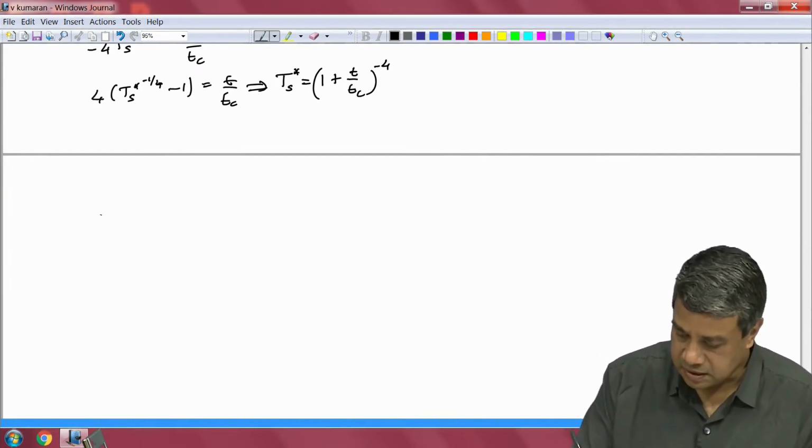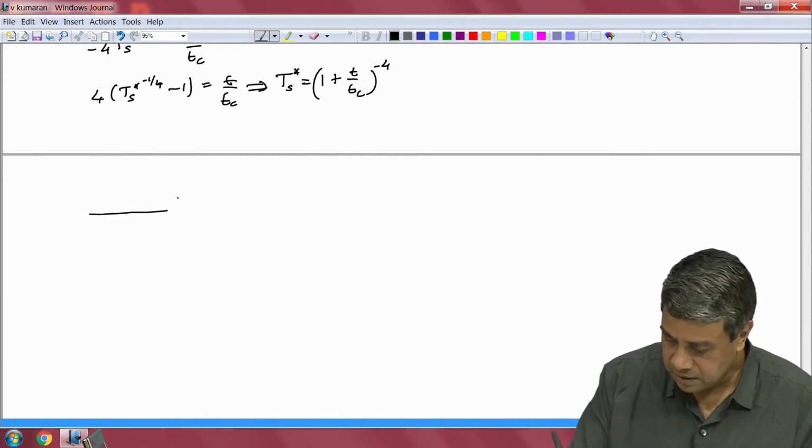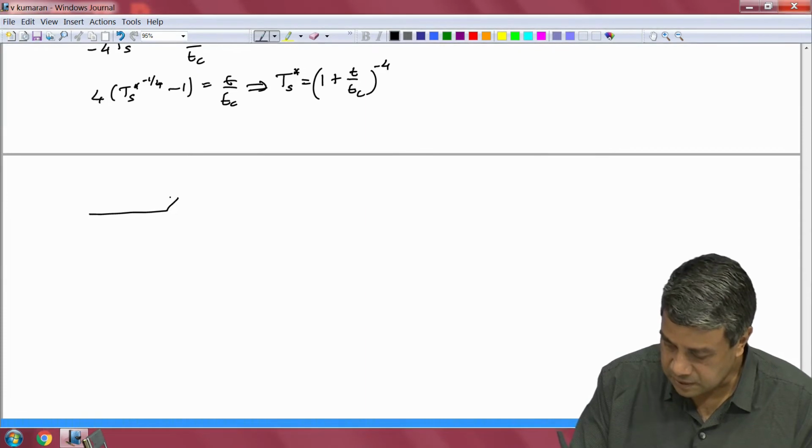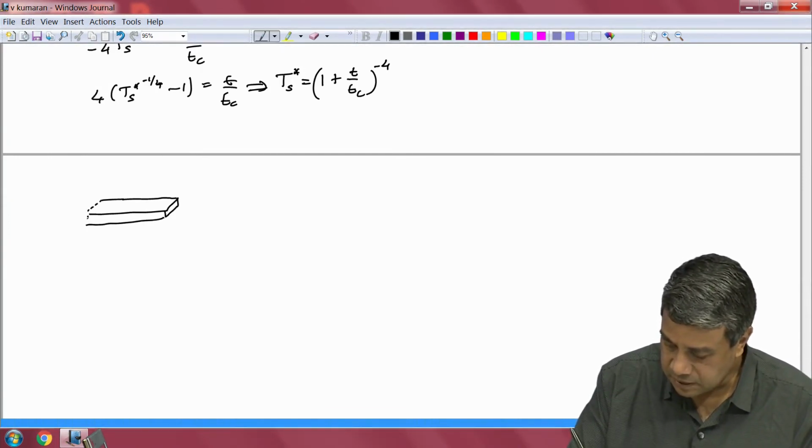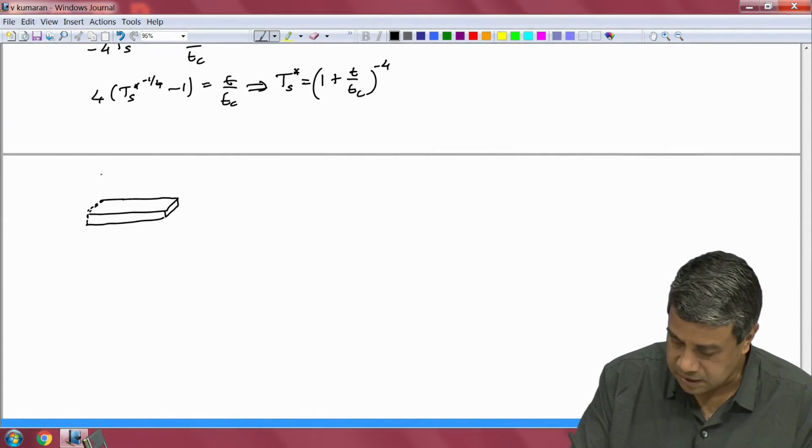So, this is the heat transfer from a fin. Fins are often placed on walls of heat exchangers in order to enhance the heat conduction. The fin is made of a material which has a very high thermal conductivity.